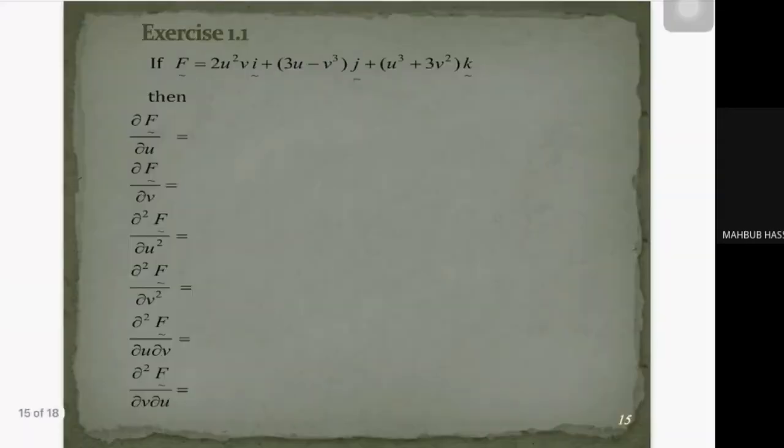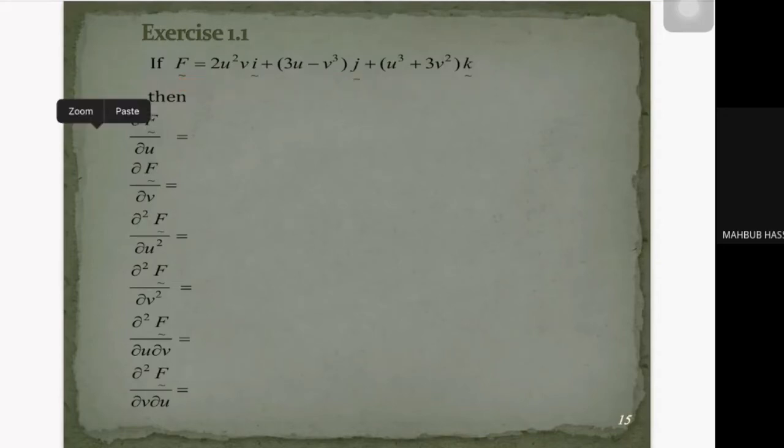Let's try exercise 1.1. Vector f is equal to 2u squared v i plus (3u minus v to the power of 3) j plus (u to the power of 3 plus 3v squared) k. So now let's find del f over del u. What is your del f over del u? Let's differentiate this with respect to u.